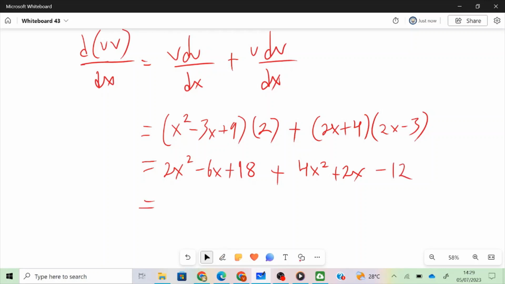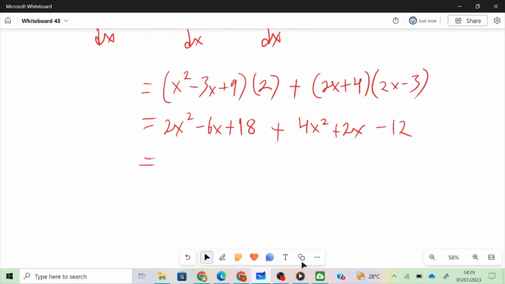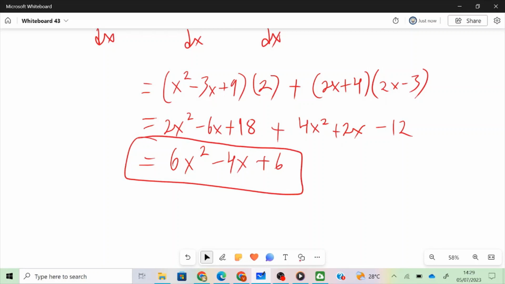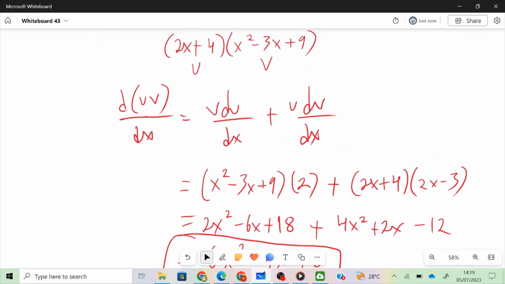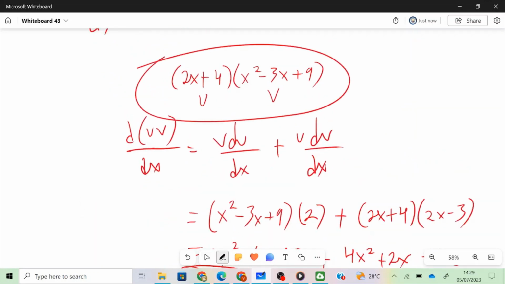Collecting your like terms, 2x squared plus 4x squared, that's 6x squared, minus 6x plus 2x is minus 4x, and 18 minus 12 is plus 6. And that is the final answer. That's the derivative of the functions uv being multiplied. So that was your final answer for that example.